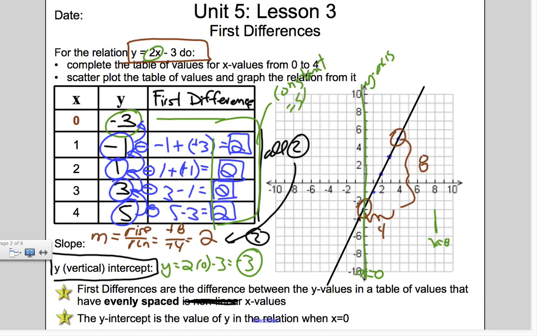Same as slope as well. Question: if the slope is a fraction, like 1/8, what would it be? Your first differences will be 1/8 if it's a linear relation.